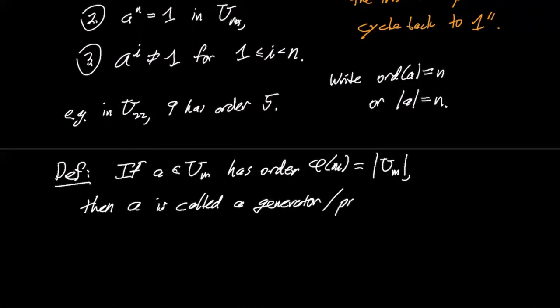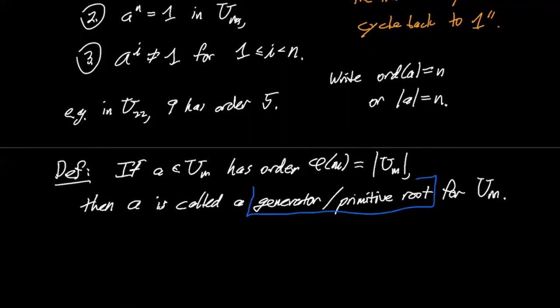There's this more archaic term, primitive root, for U sub M. Handwriting is just really atrocious sometimes. Okay, that's terminology. It's basically just saying that this thing generates. It's called a generator because it generates everything.